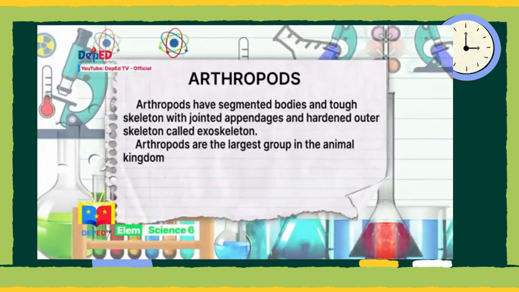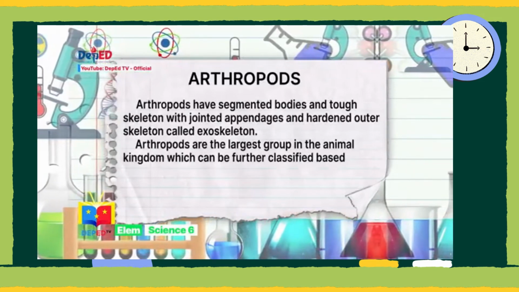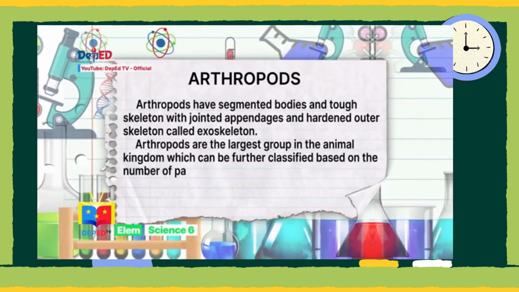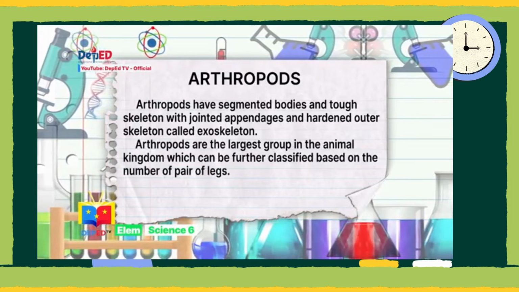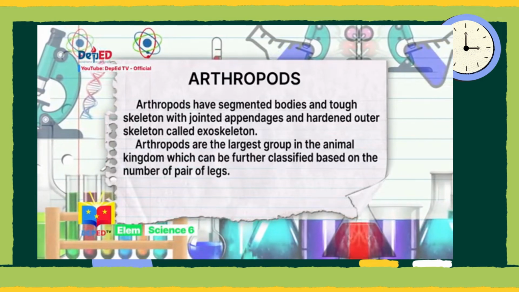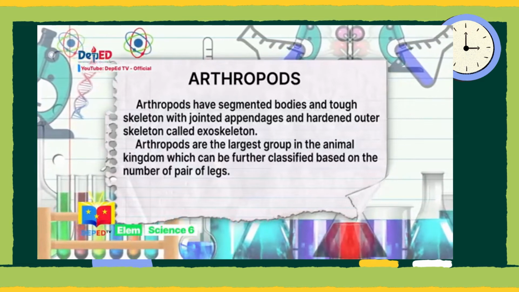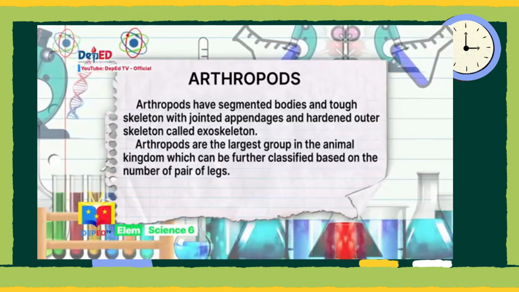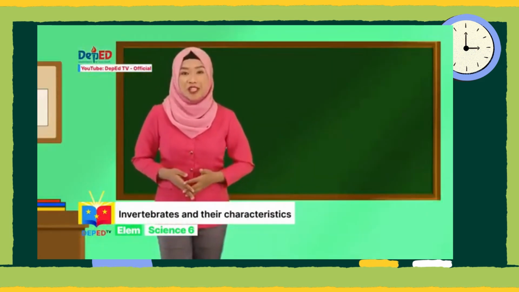Arthropods have segmented bodies and a tough skeleton with jointed appendages and a hardened outer skeleton called exoskeleton. Arthropods are the largest group in the animal kingdom, which can be further classified based on the number of pairs of legs. The following are the classifications of arthropods.